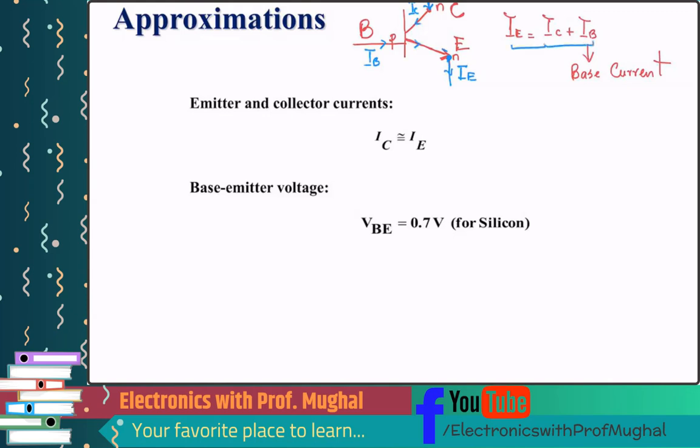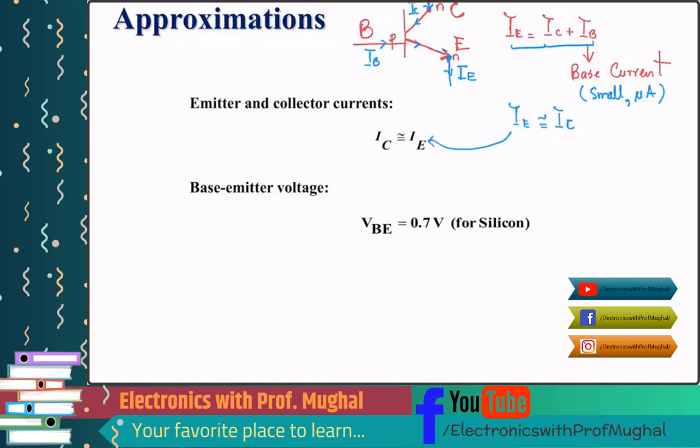Everybody following me here? Base current is very small, in microamps, so I can also write the above equation as IE approximately equal to IC, okay? And that's how we get to this point here.